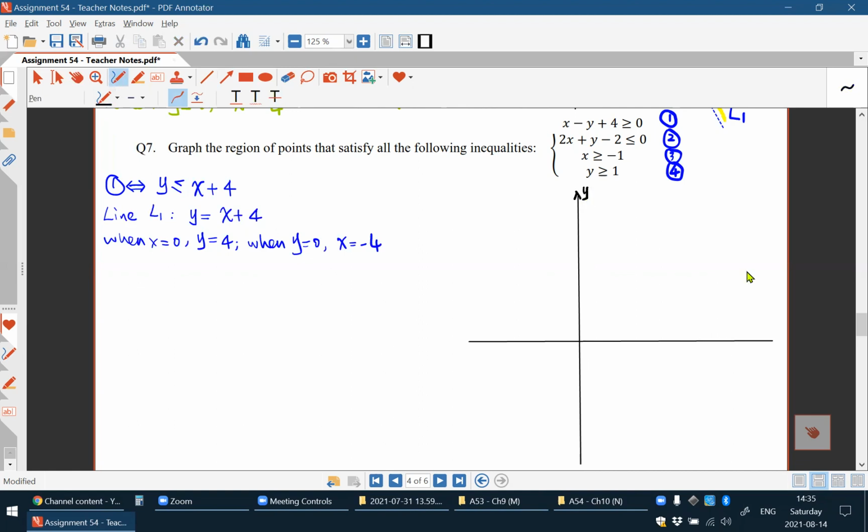So apparently this line passes through two points. The first point is (0, 4). Suppose 4 is here. And the second point is (-4, 0).